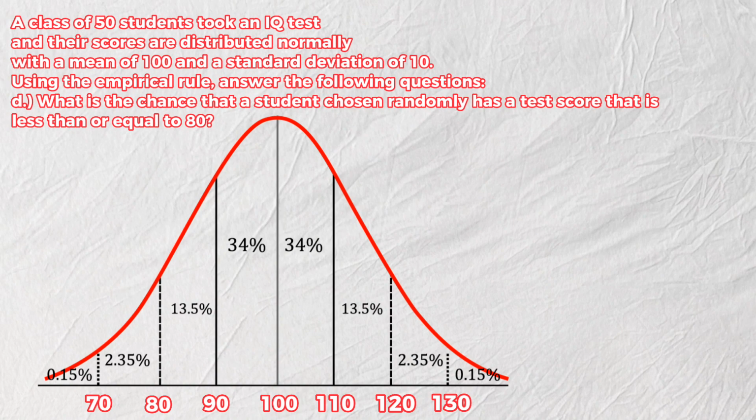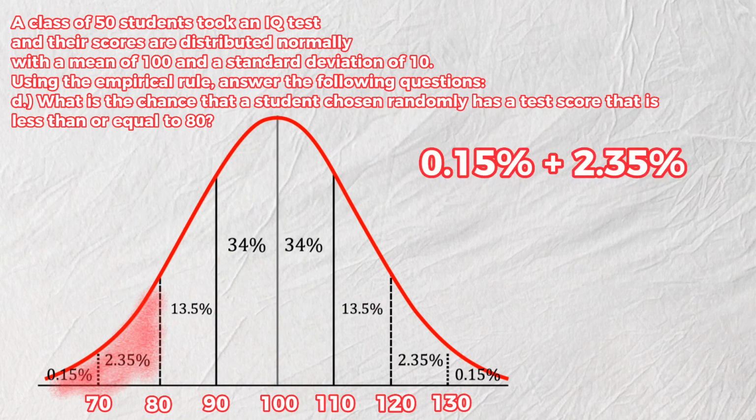Lastly, what is the chance that a student chosen randomly has a test score that is less than or equal to 80? Get the percentage of intervals that is less than or equal to 80, and that is 0.15% and 2.35%.